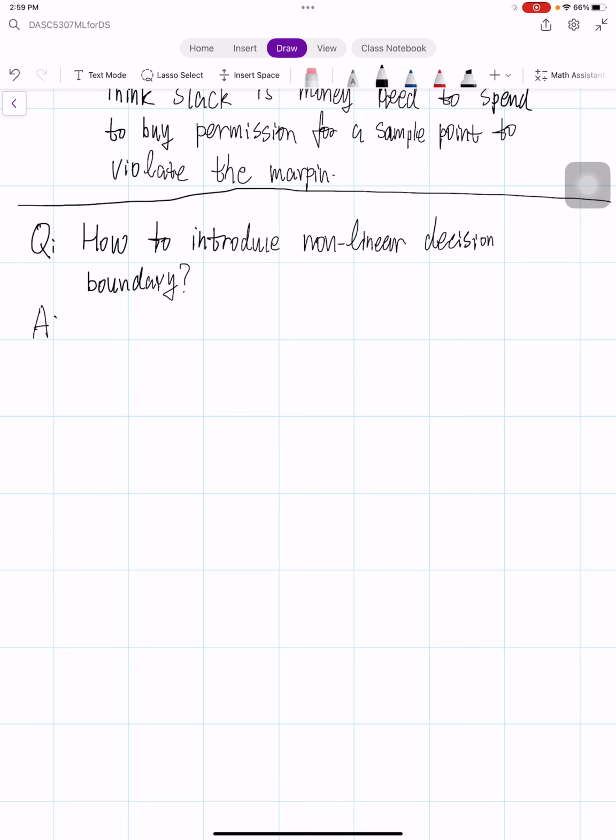We can make nonlinear features that lift points into a higher dimensional space.